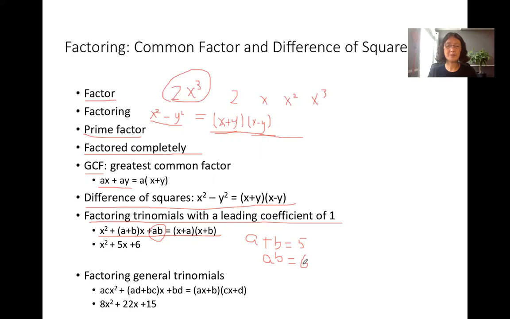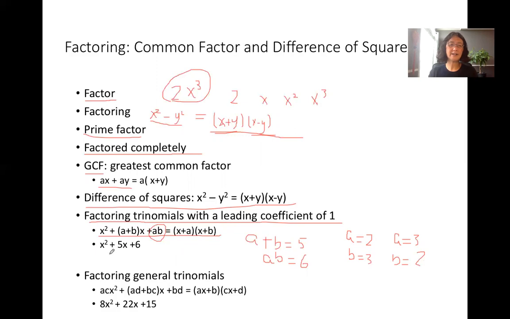Because this is a simple problem, we can use trial and error. The final result: a equals 2, b equals 3, or you can say a equals 3, b equals 2.